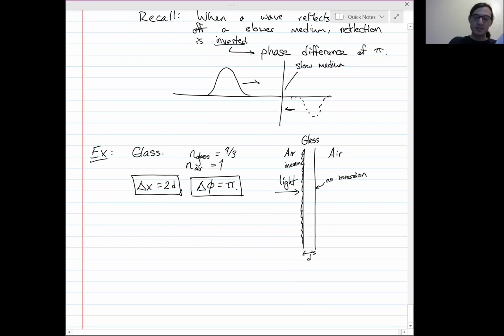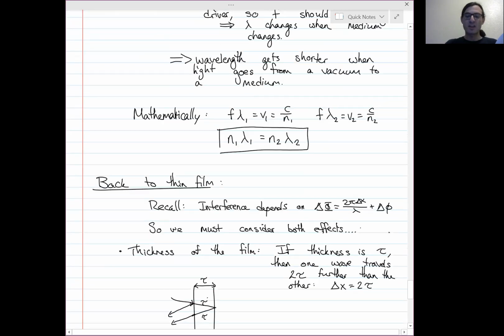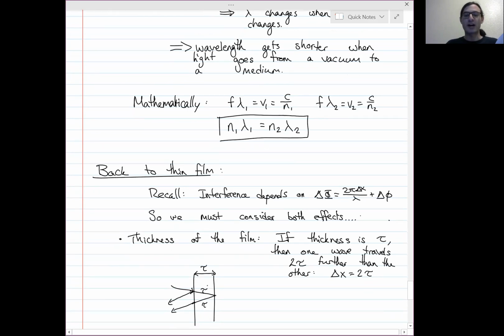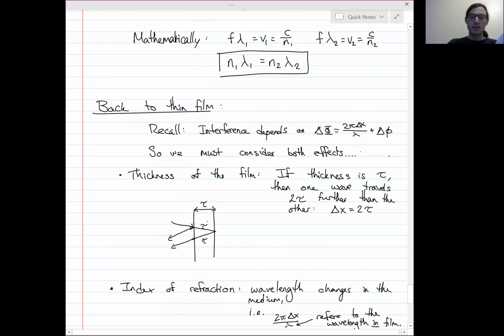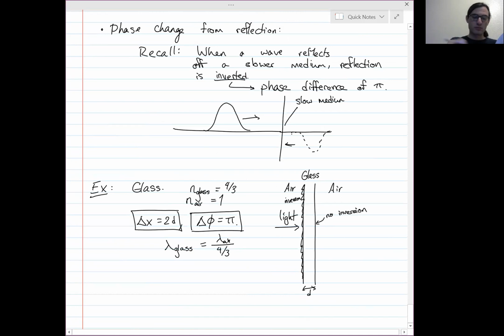So that means that one of the waves is inverted relative to the other wave, which means that we get a phase difference of pi. So that's why we get that delta phi is pi and delta x is 2d. Now, the wavelength in the glass is equal to the wavelength in the air divided by 4/3, from this formula up top, if the index of refraction in air is 1. That is to say, it is 3 times the wavelength in air over 4.